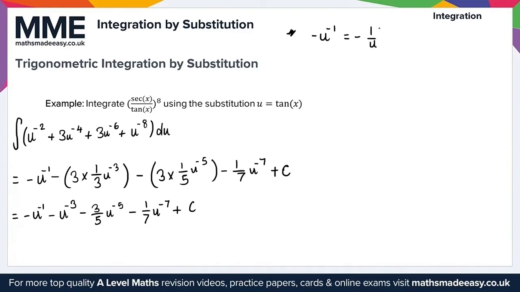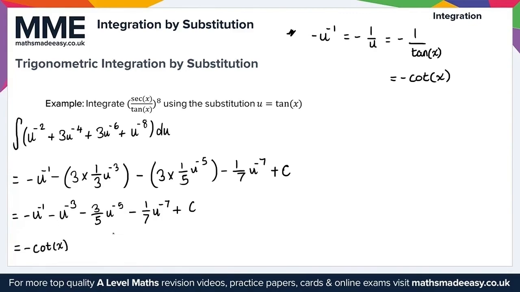Minus 1 over u is the same as minus 1 over tan x, using our given substitution. And remember, 1 over tan x gives us cot x, so this is minus cot x. So we go back across and use our original substitution of u equals tan x. Minus u to the minus 1 simply gives us minus cot x.